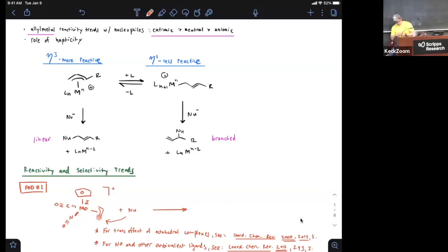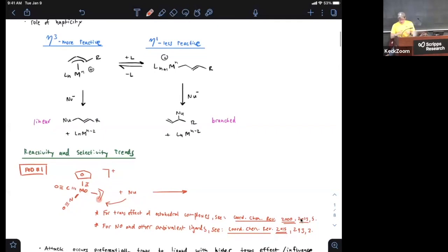Linear NO has varying trans effect, trans influence, depending on the properties of the metal and the other ligands there. But let's say it's a very, very small trans effect in this case. CO has a large trans effect. What do we know about trans effect? It destabilizes bonds trans to that ligand. That's the ground state effect, and then it increases the rate of substitution.